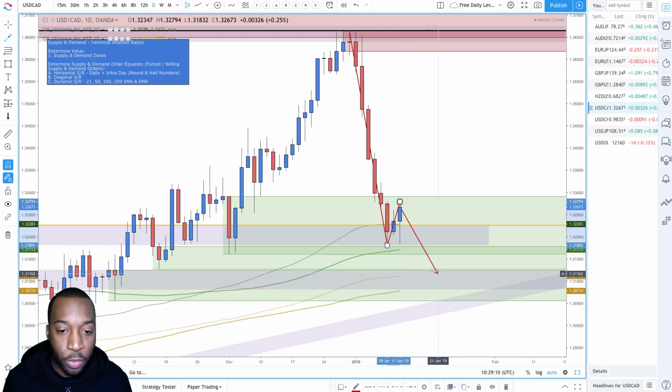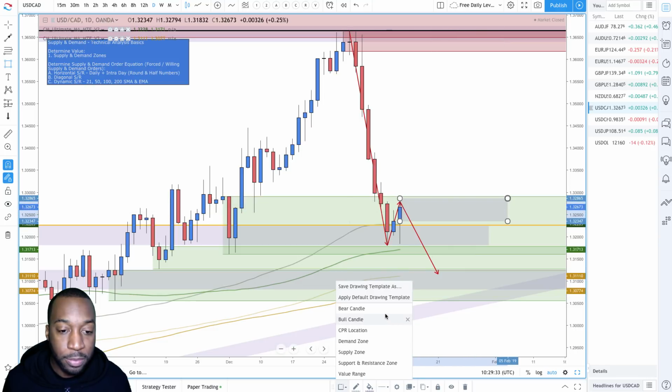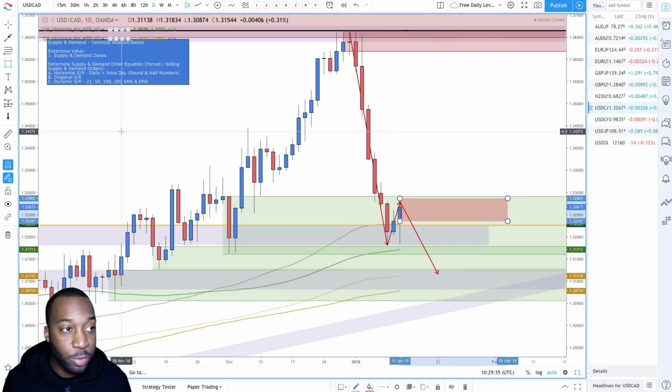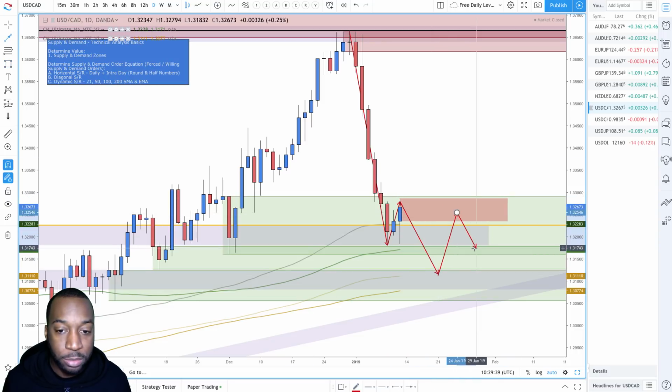Then if we break below, prices create a new low and a bearish candle, it goes below the swing low, then that becomes a lower high and a lower low, and that would be the definition of what we would call our supply zone. And then we'd be waiting for prices to come back up into this area before looking to get short.